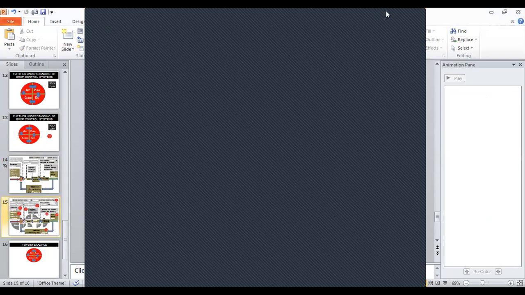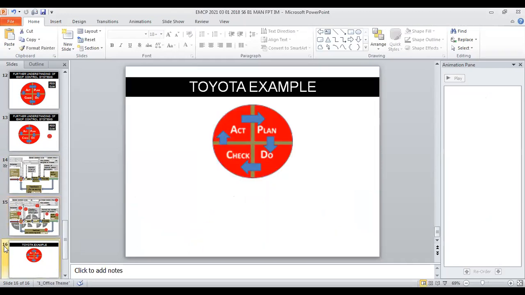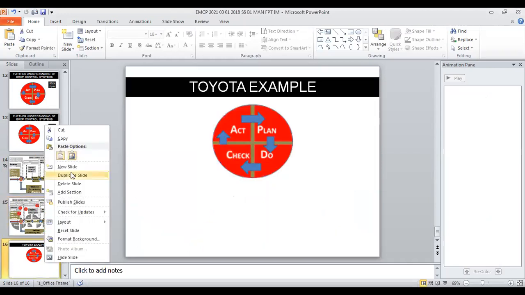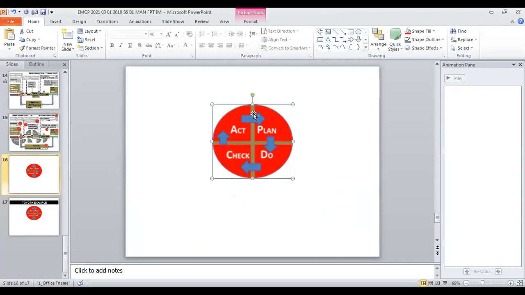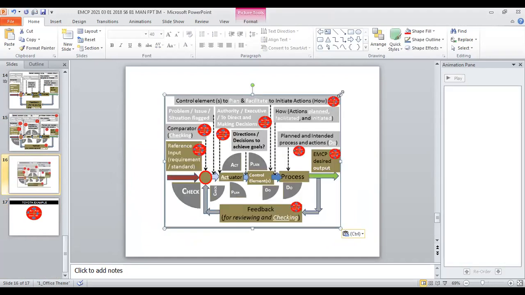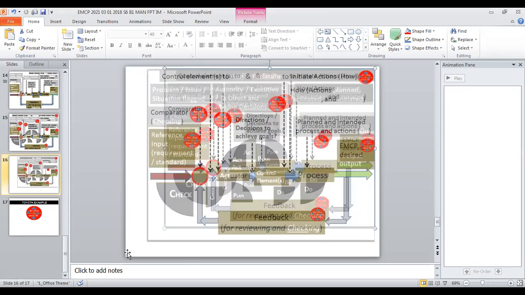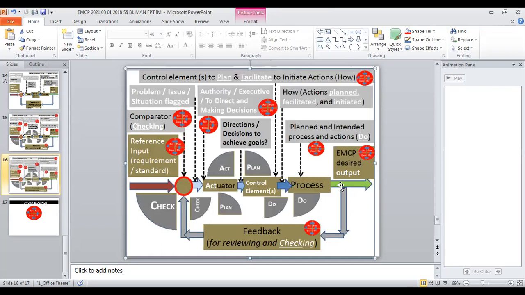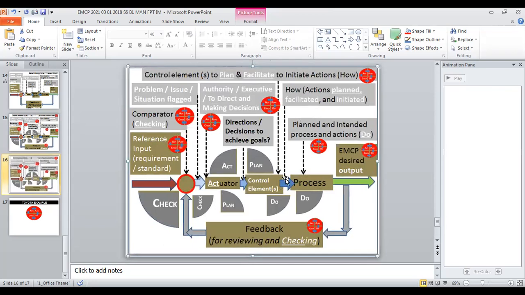This control concept, having this knowledge, is quite important. That's why we thought of spending a bit of time today on this. So you can see PDCA everywhere.